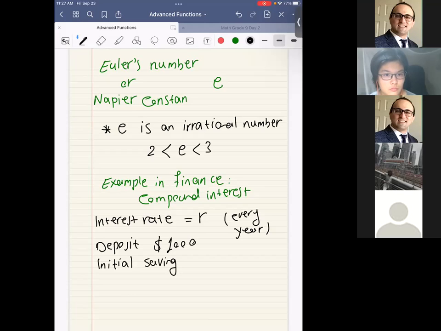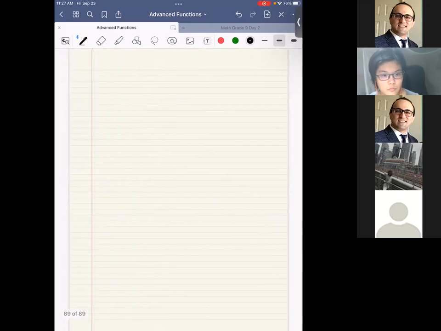Okay, so what would be the value of the money after 1 year? The initial money is 1,000. So the value of your money after 1 year is what?